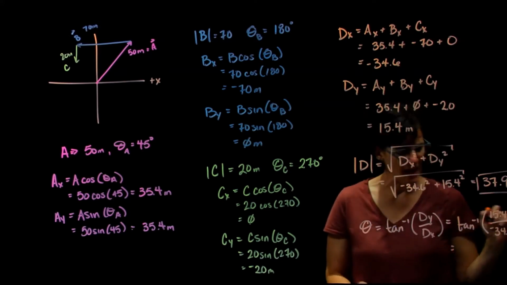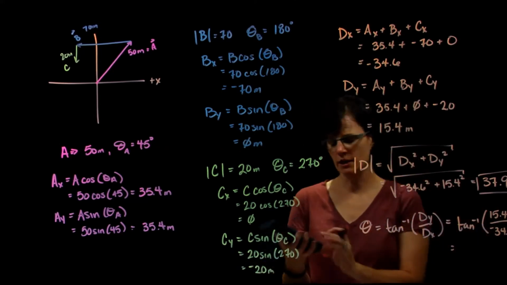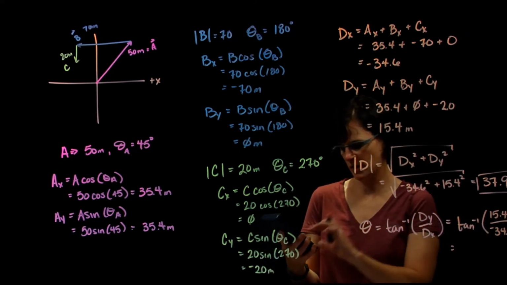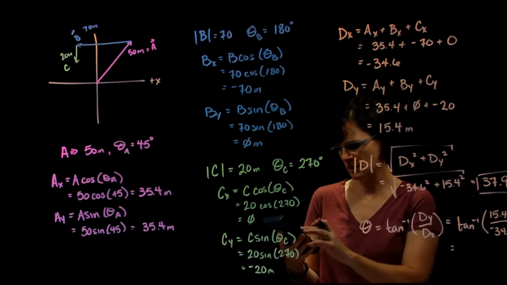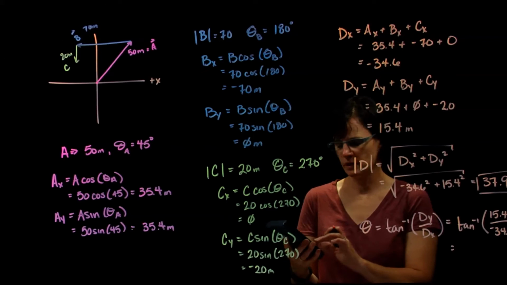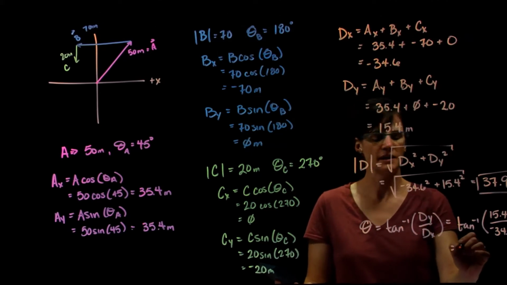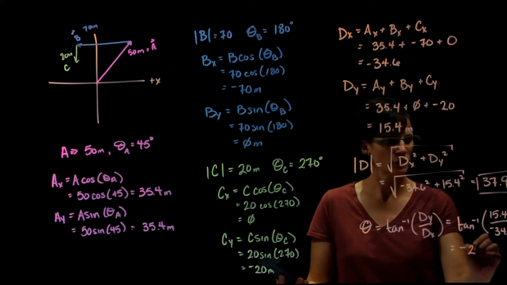So the inverse tangent of 15.4 divided by negative 34.6, on our calculator, gives us an angle of negative 24 degrees.